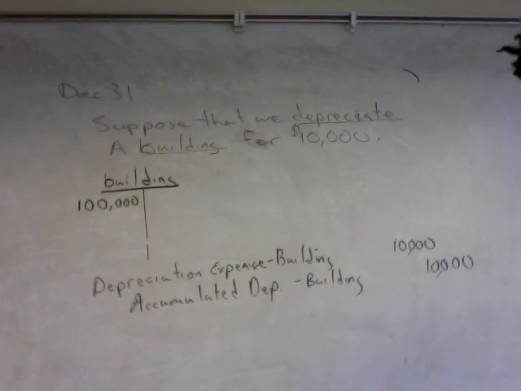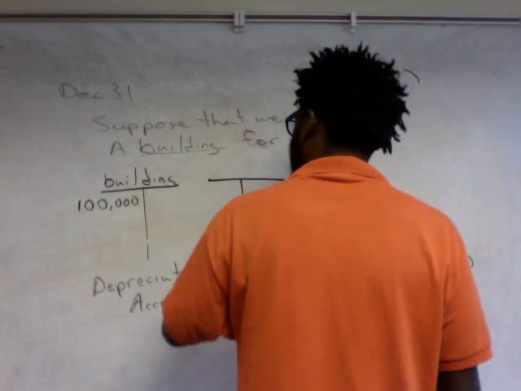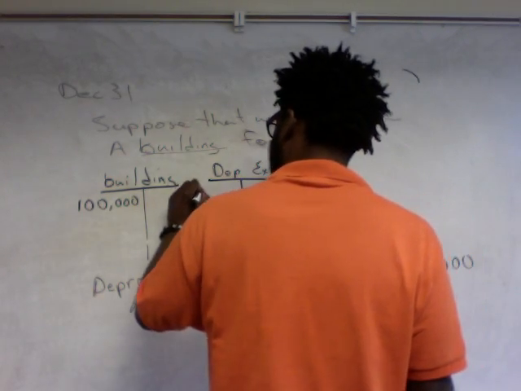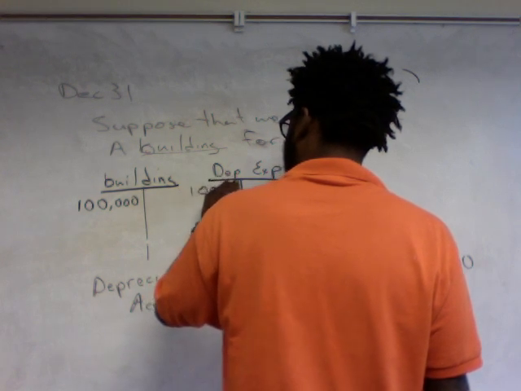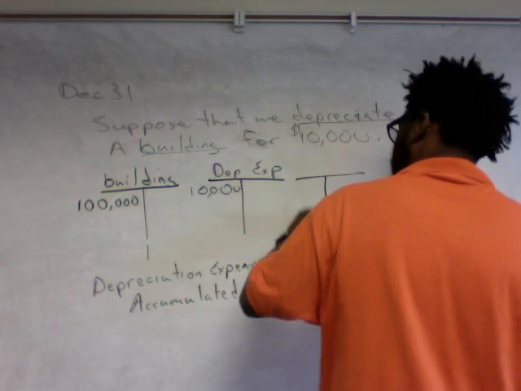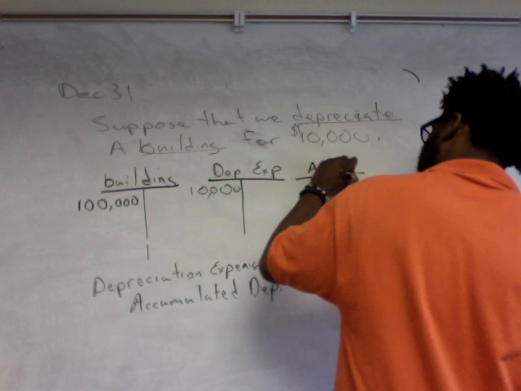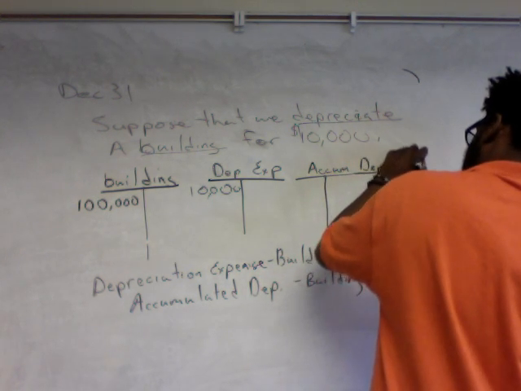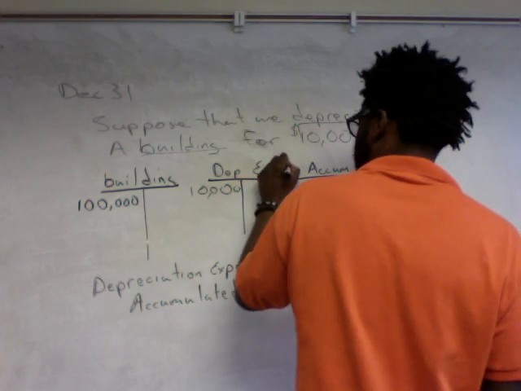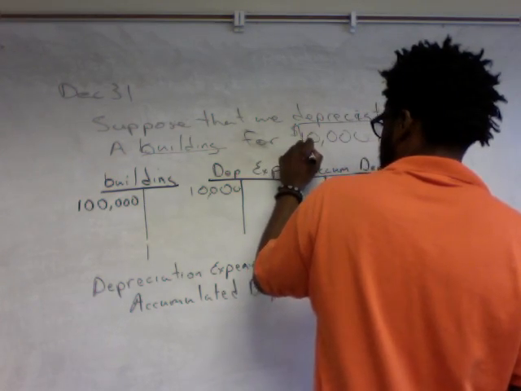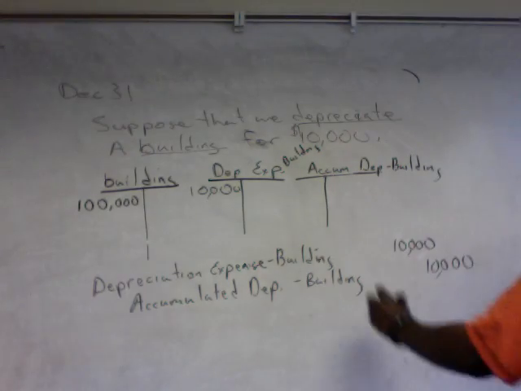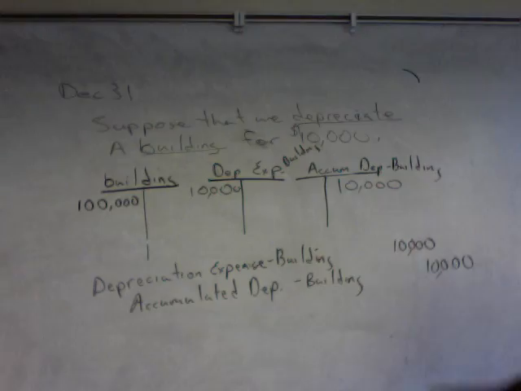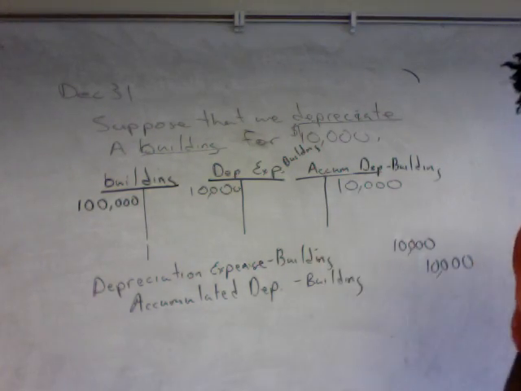So now we have a depreciation expense for $10,000, and now we have an accumulated depreciation building for $10,000. All I did was post to the ledger.